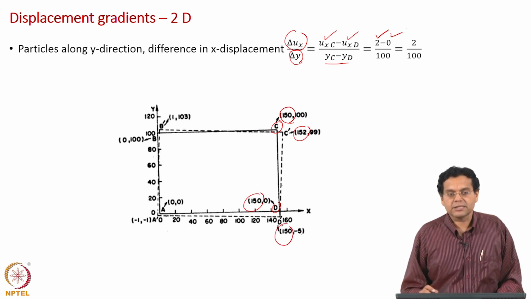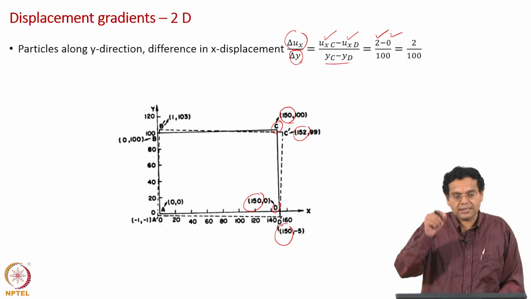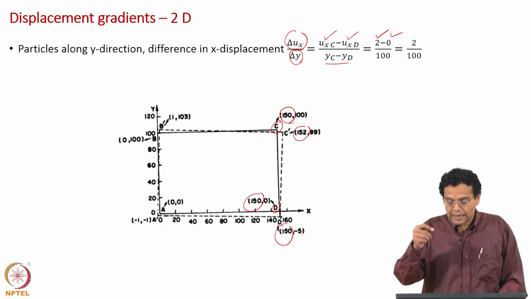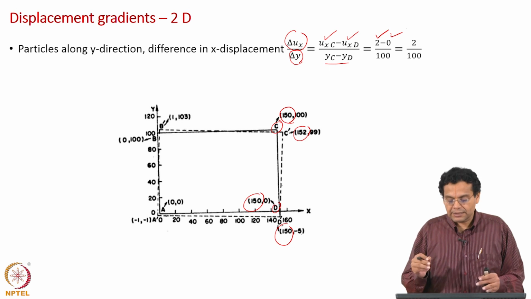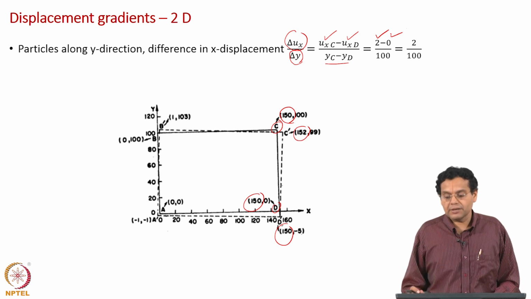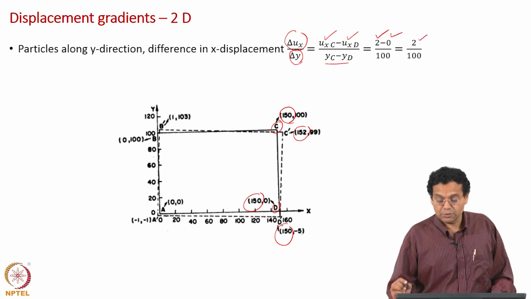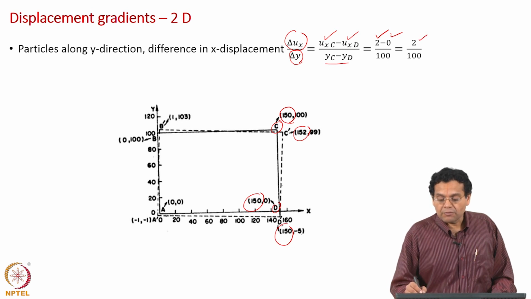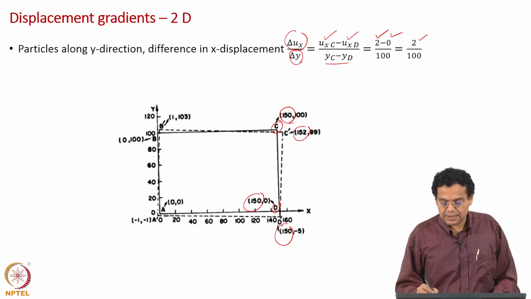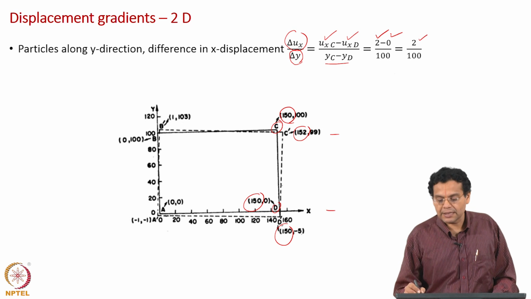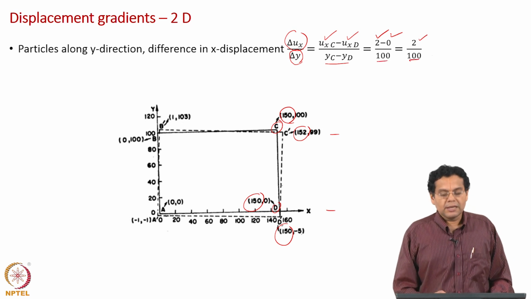So, no x displacement at all for point D, it has moved along the y direction, along the x direction there is no movement. So, the x displacement is 0. So, 2 minus 0 is 2. What is the denominator? The vertical distance between the 2 particles, which is 100. So, it is 2 by 100.